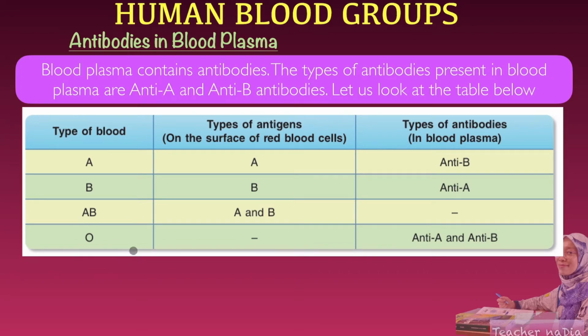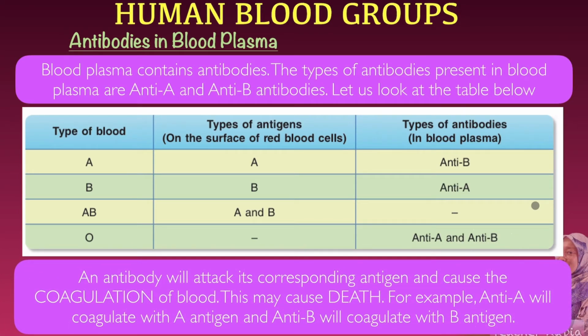For O blood, there are no antigens on the surface of the red blood cells. So since there are no antigens, the types of antibodies are anti-A antibodies and anti-B antibodies. So these are the relationship between the types of antigens and also the types of antibodies.